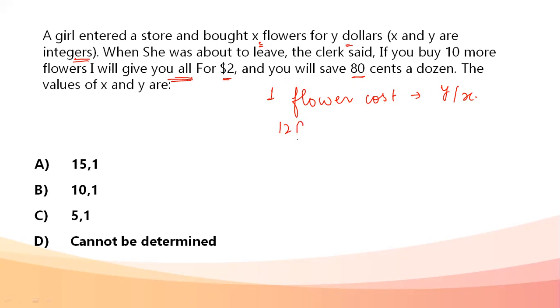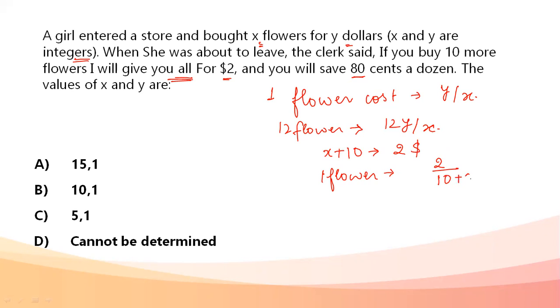So 12 flowers cost 12Y by X. Now the clerk says 10 more flowers, that means X plus 10, and the cost is $2. One flower in this case costs 2 upon 10 plus X.